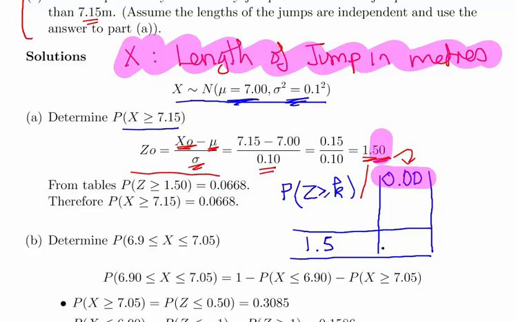When I look up the tables I should get 0.0668. So the probability from the tables of z being greater than 1.50 is 0.0668. Equivalently, the probability of x, the length of a jump, being greater than 7.15 is 0.0668 as well. And we're going to use that in part C later on.